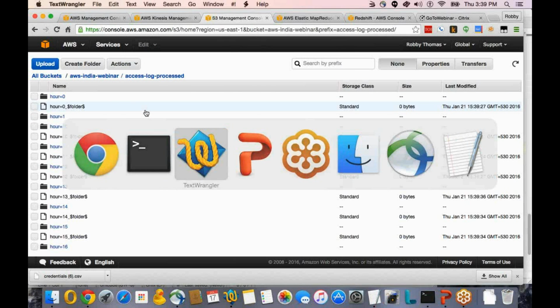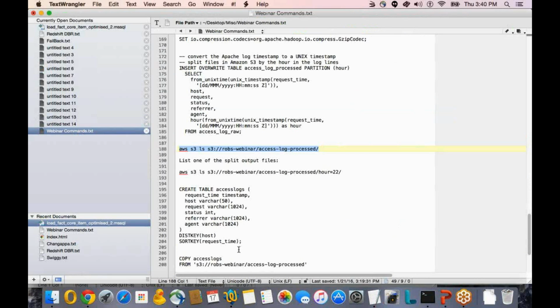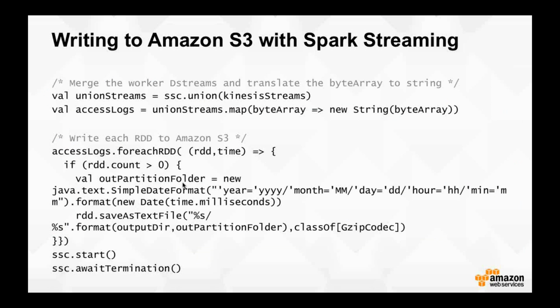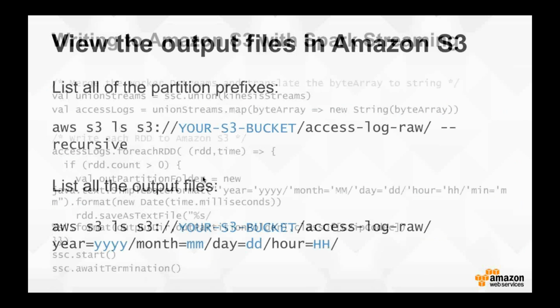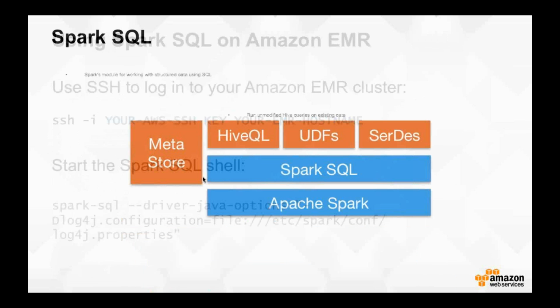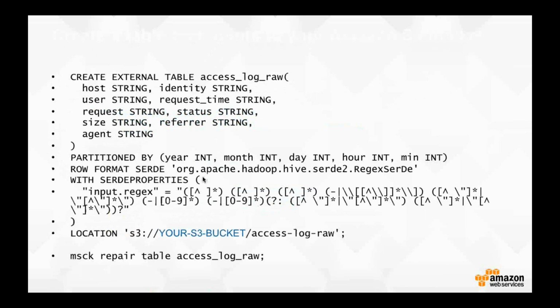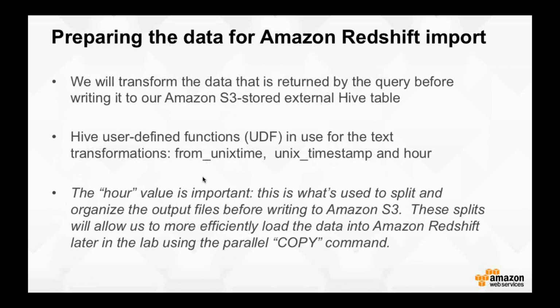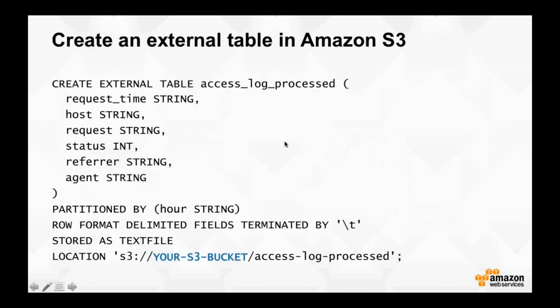And from here, let's recap what we've done so far, right? So we used Spark SQL to process the data and put it into S3, and then we are going to load it into Redshift.